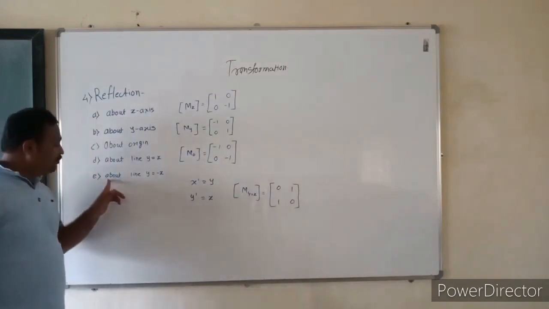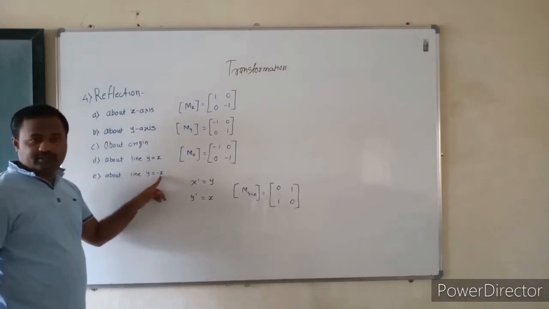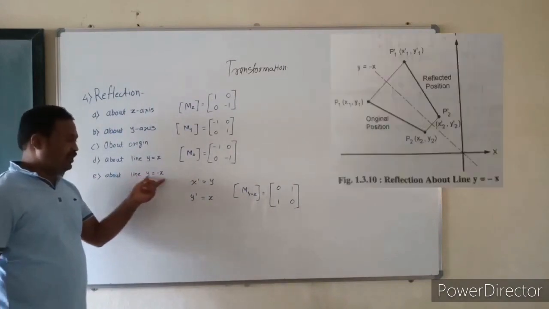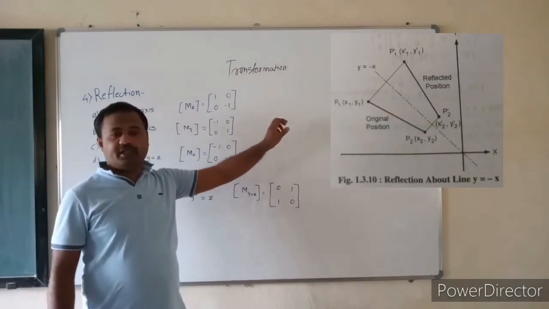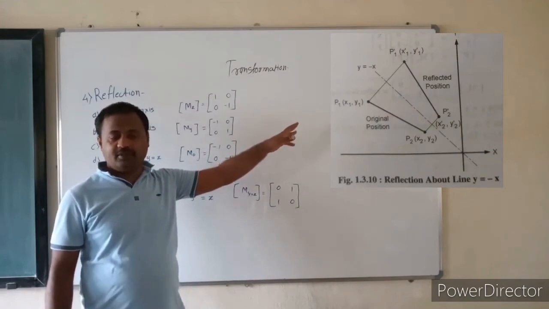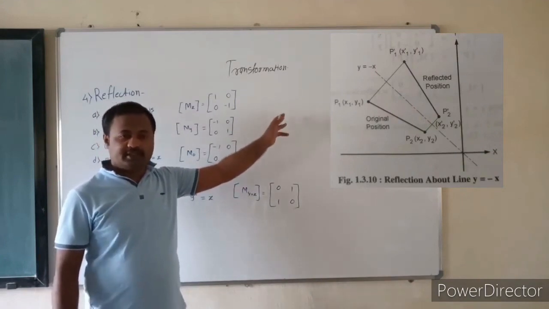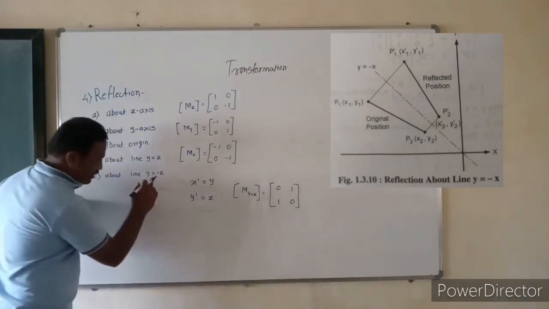Then next is reflection about the line y is equal to minus x. Again, in the diagram, they show the y is equal to minus x line. Reflection about y is equal to minus x.